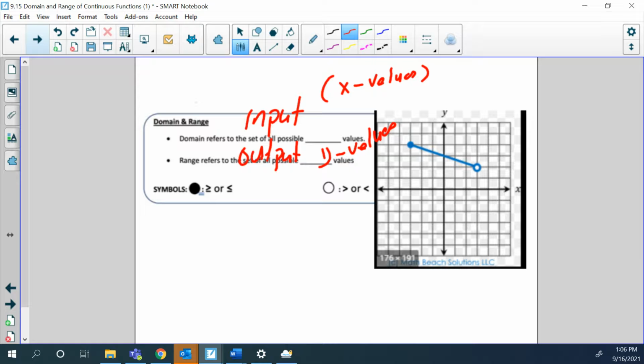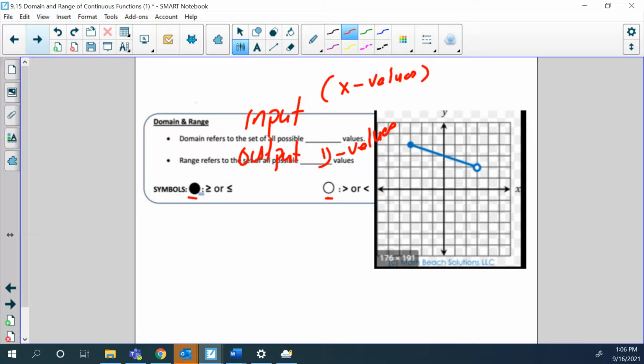Now, for a continuous function, we use some symbols, and the first one is you'll see a closed circle and an open circle. A closed circle just means that the endpoint is included in the domain, while an open circle means that an endpoint is not included in the domain.